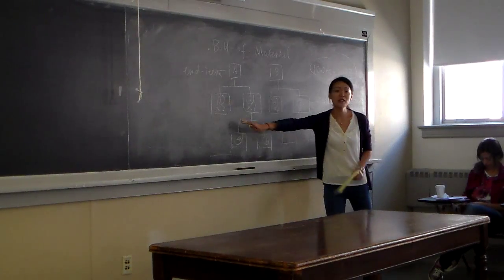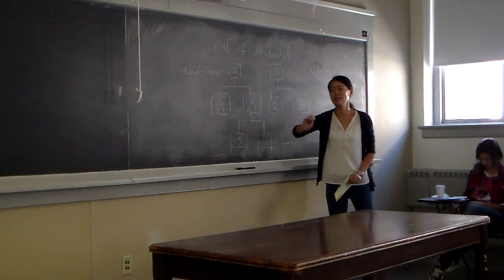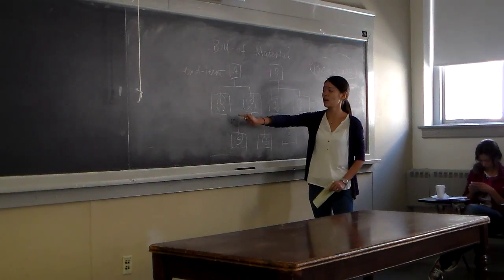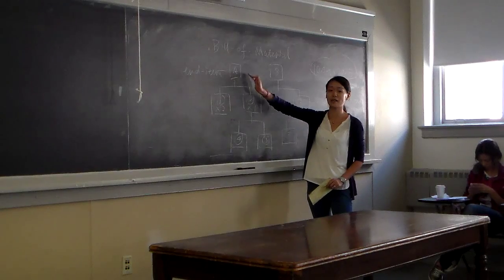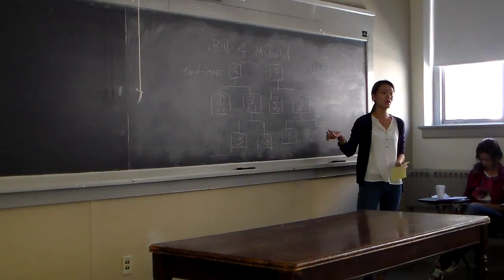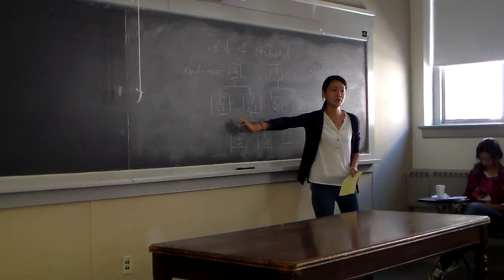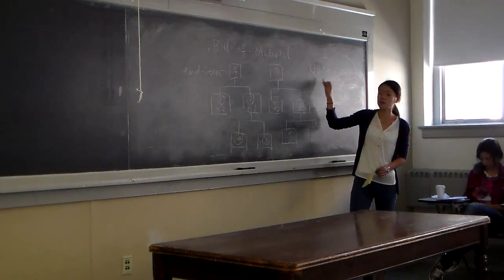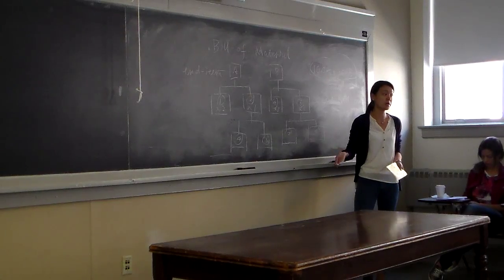Because it is only a direct part under product A, and in order to produce B, we don't need part 1. So the total number of part 1 is just 100 multiplied by 2, which equals 200.